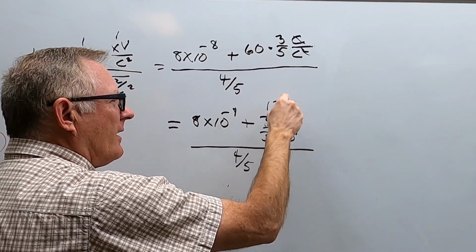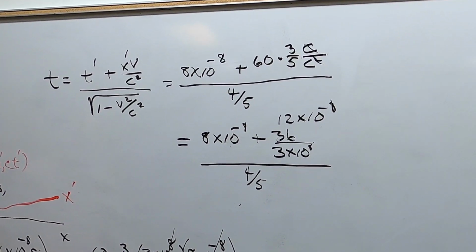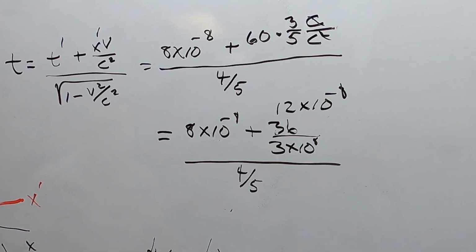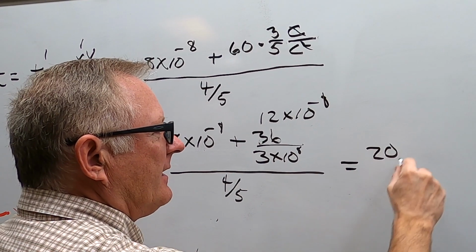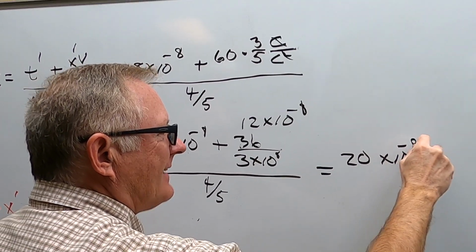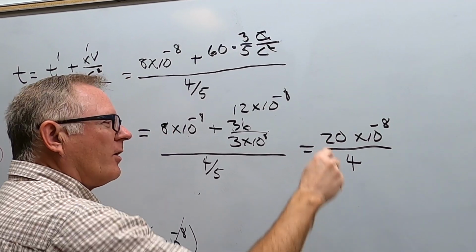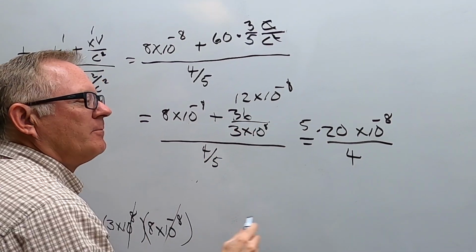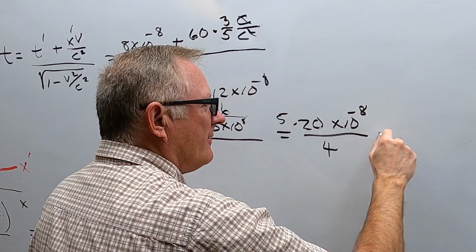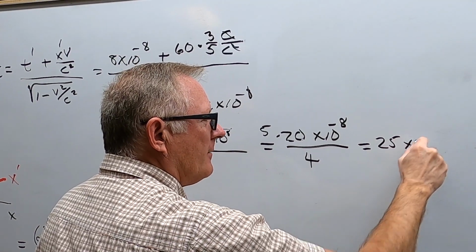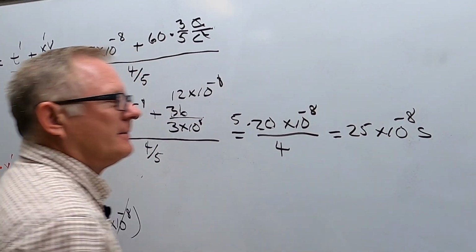This is 12 times 10 to the minus 8. So if I add those two together, this just becomes 20 times 10 to the minus 8 divided by 4/5. I can put the 4 there and bring the 5 up above. 20 over 4 is 5, times 5 is 25. So this is 25 times 10 to the minus 8, and this would be in seconds.